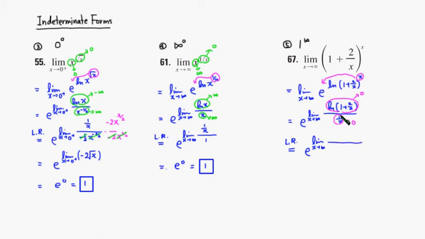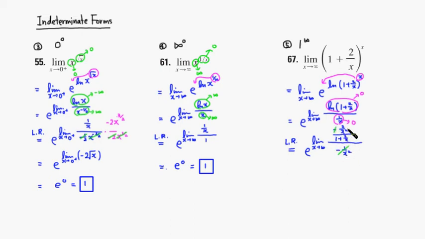The derivative of the natural log is 1 over 1 plus 2 over x on the bottom. Then take the derivative of the inside on top, which is negative 2 over x squared. The derivative of 1 over x is negative 1 over x squared. Then we can cancel the negative 1 over x squared.